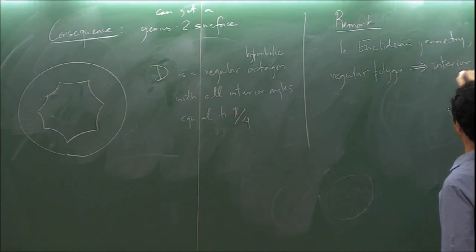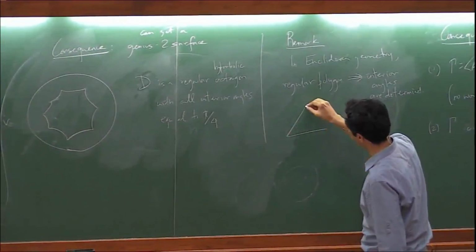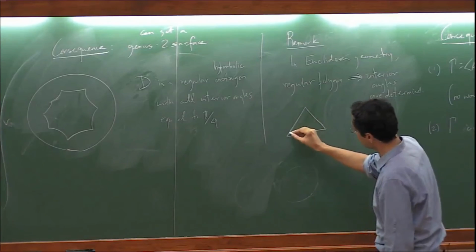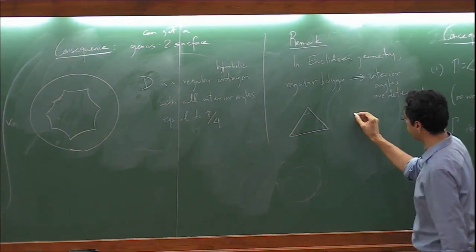They have no choice. For example, if you look at an equilateral triangle, all sides the same, that means these must be 60 degrees. So what about a regular octagon?